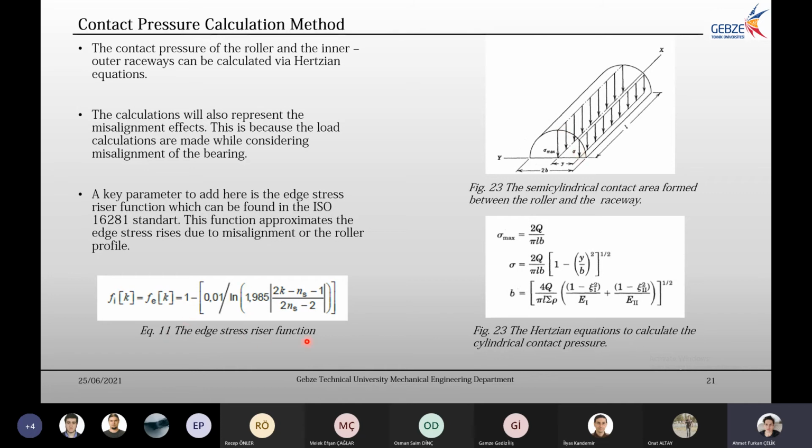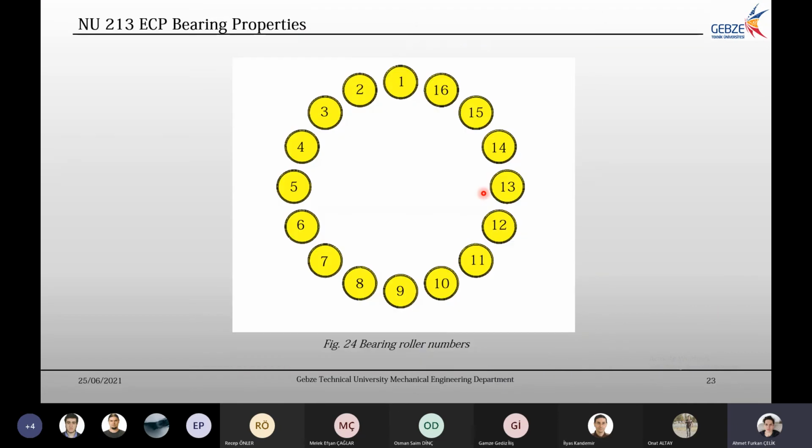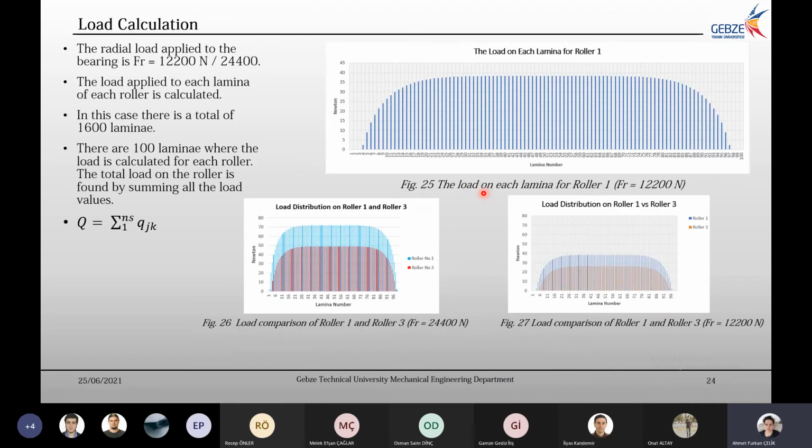And here is the stress riser function, which I use to simulate the roller edge stresses. These are the bearing properties of Varda's roller, which I have selected as a reference as well. Here are the numbers for the rollers. All right, so this is what I was describing at 12.2 kilonewtons.